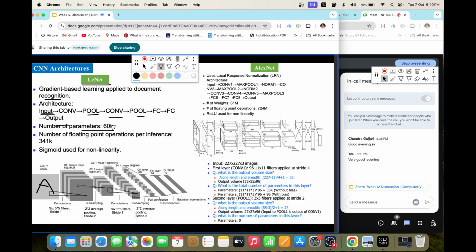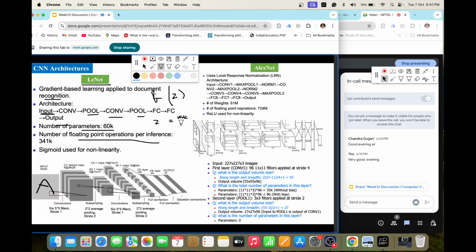The number of parameters here is 60k, 60,000 parameters, and then there are the floating point operations per inference. In your neural network there is a function involved, f of z, where z is the weight into input, w into x, plus the bias.